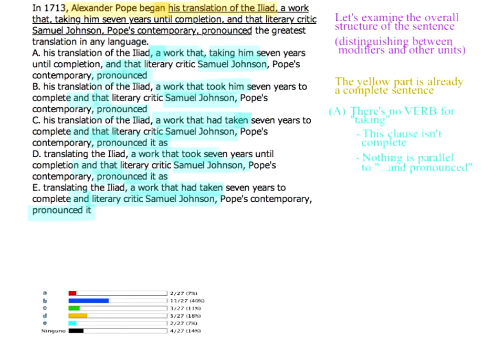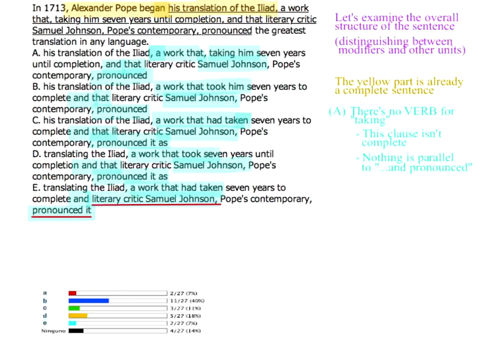And then if you look at choice E, a work that had taken 7 years to complete, and instead of that Samuel Johnson pronounced, they wrote a separate clause here. So, I mean, this would be a complete sentence by itself. Literary critic Samuel Johnson pronounced it the greatest translation in any language. The red part would actually be its own sentence, which is exactly why it's a problem here.